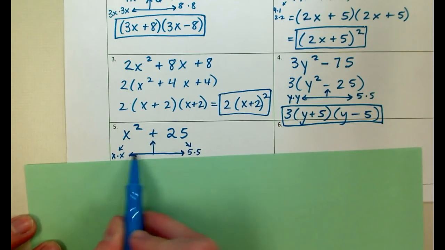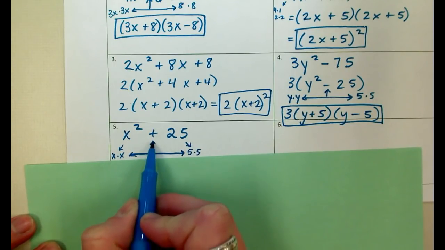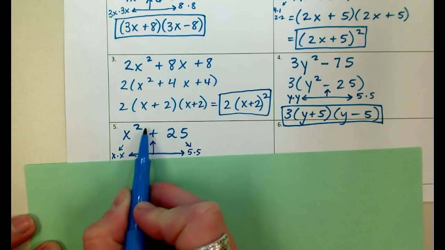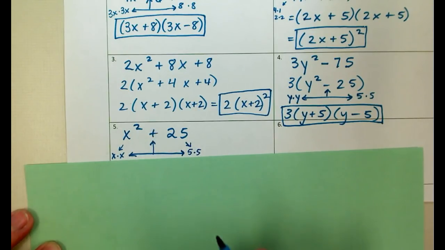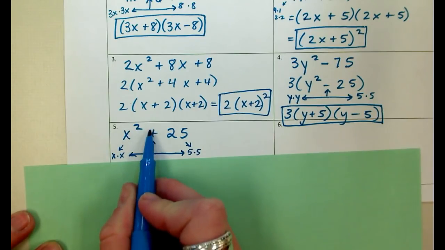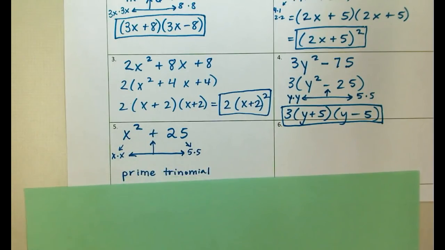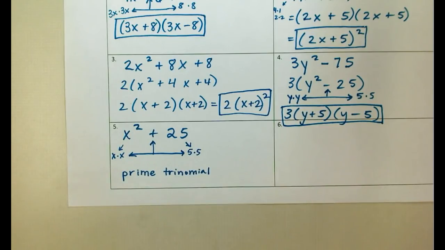So I have two perfect squares. Then I checked my middle sign. This one is a plus sign and is not the difference of two squares. So we cannot factor this one any further. It doesn't have a GCF, and it doesn't have the difference of two squares. So this one is a prime polynomial, and it is already fully factored.